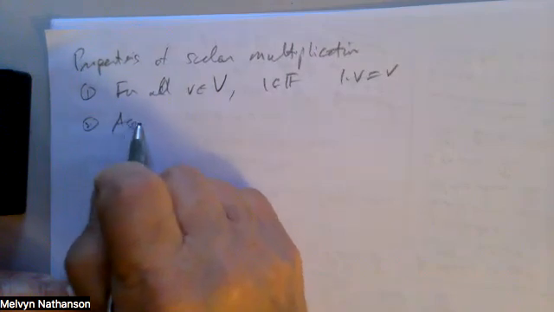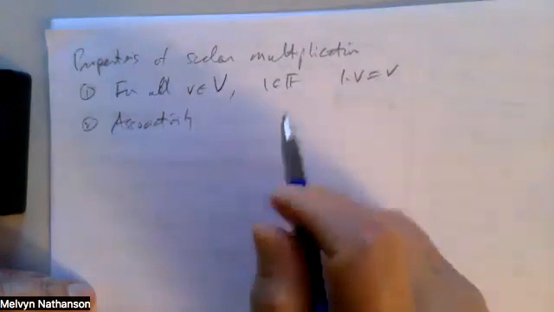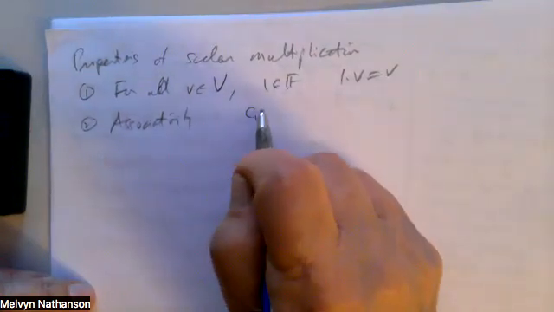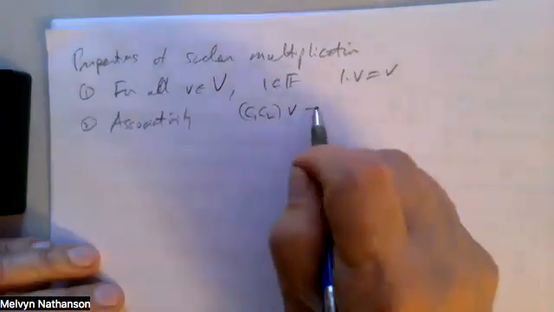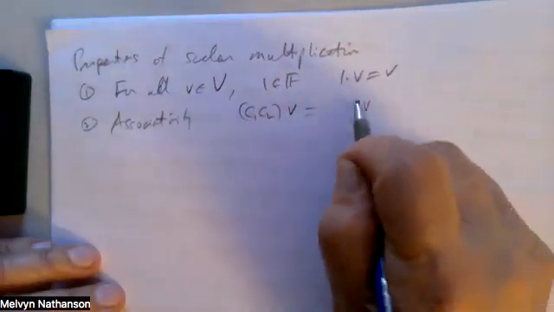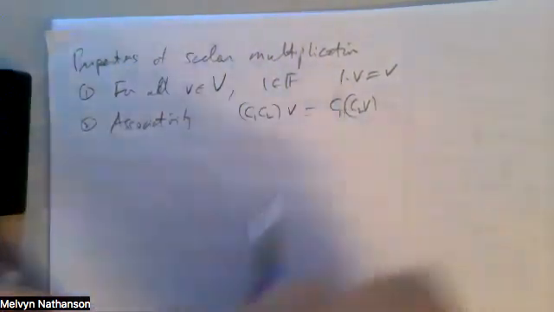Second, we have associativity of scalar multiplication. If you take C1 times C2, two scalars, and multiply that times the vector v, that's the same as taking v, multiplying it by C2, and then multiplying that by C1.